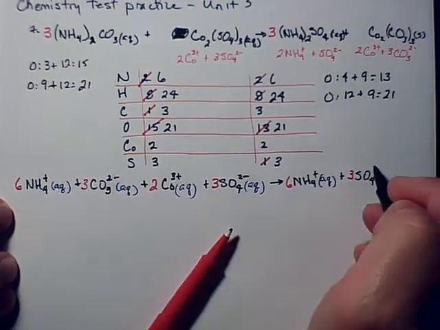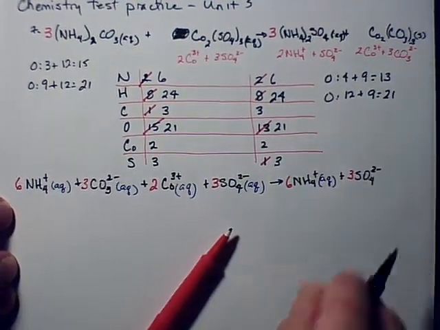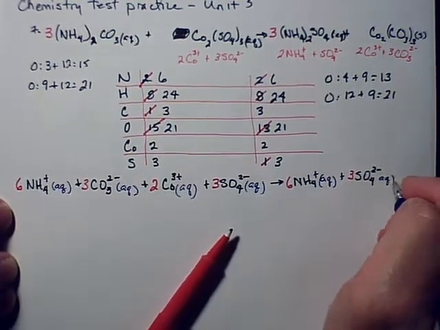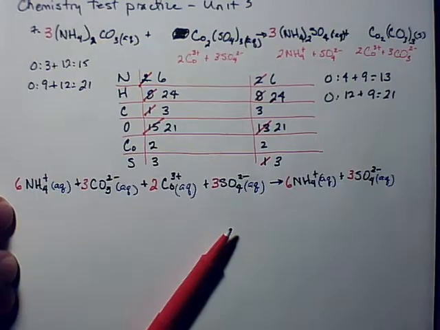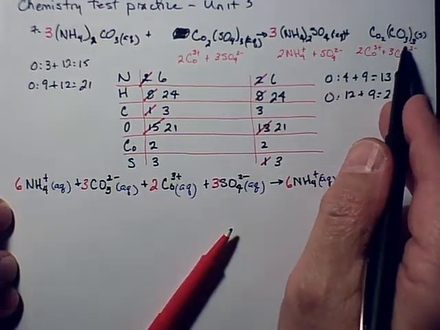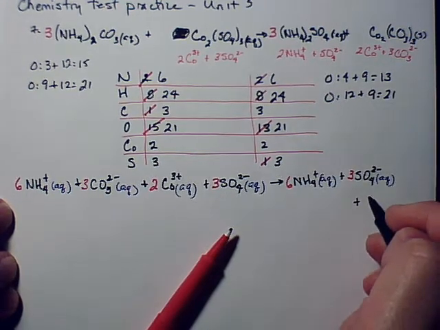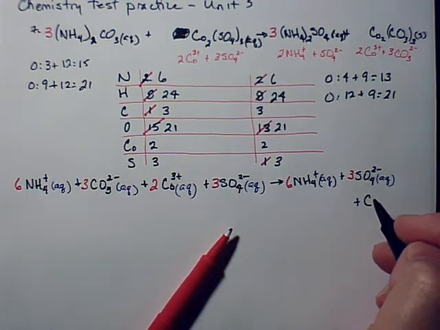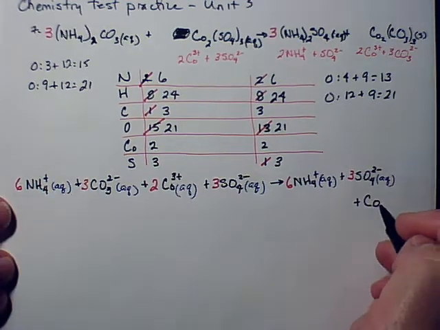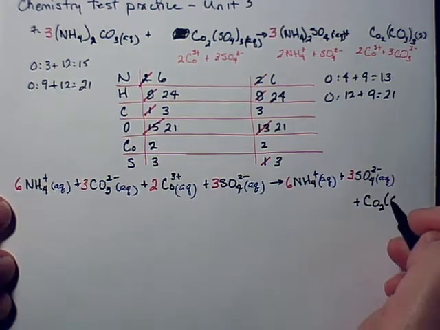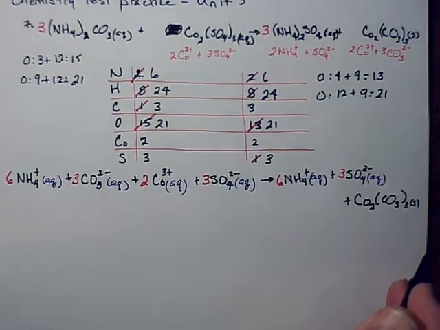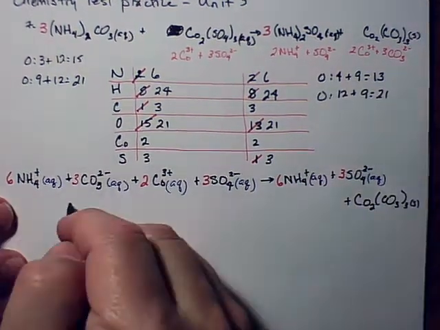Oh, I didn't put the charge on there. And that's aqueous. And then I have a solid cobalt-3 carbonate. And that doesn't break up, because for it to break up into ions, it must be ionic and it must be aqueous. Okay, so there's the complete ionic equation.